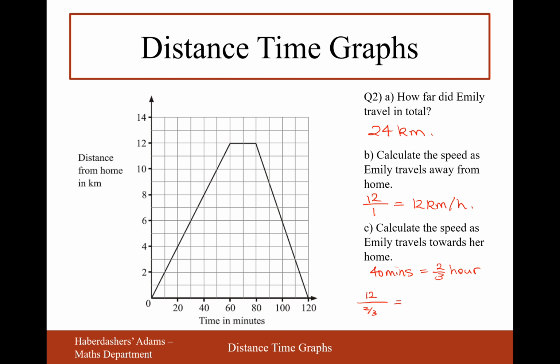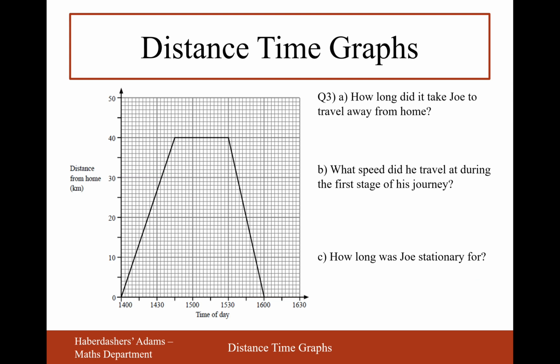And what you might want to do first is do 2 divided by 3 equals, and that's the value of 2/3, and it should give you 0.6 recurring. And then you can do 12 divided by the answer button, and that will give you 18. So the answer here is 18 kilometers per hour. So these are the 3 answers for question 2. If you've got those right, let's move on to question 3 now. Pause the video and give this one a go.